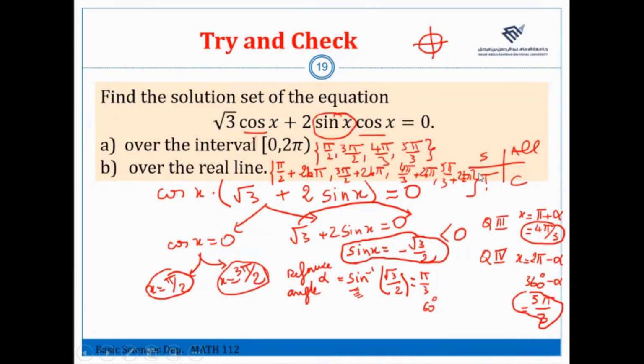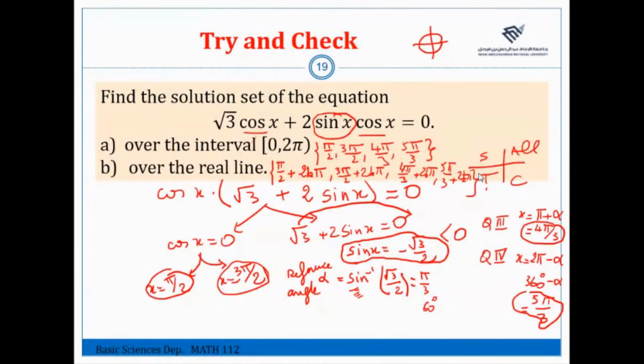So this is all the solutions on the real line. We have an infinite number of solutions since it is a periodic function. Okay? And this first type, all of them are degree 1, but we have different functions in the equation.